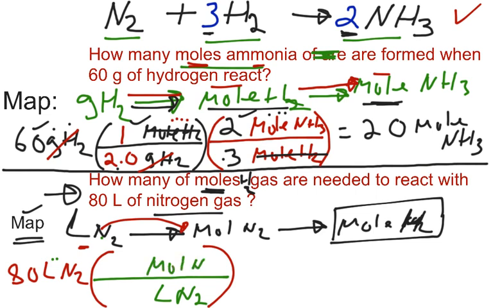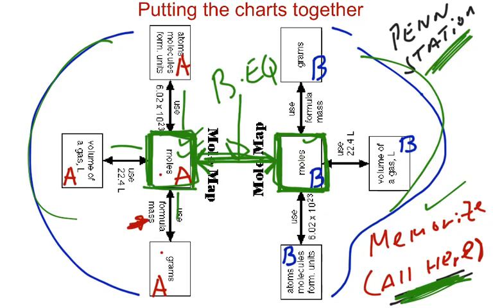All right, let me take a breath. We need some numbers in front of these guys. What numbers are we going to put? We have liters right here, so we're going to use 22.4. Remember, we can't forget that number in terms of our conversions. We use 22.4 to go from liters to moles in terms of volume of gas at STP.